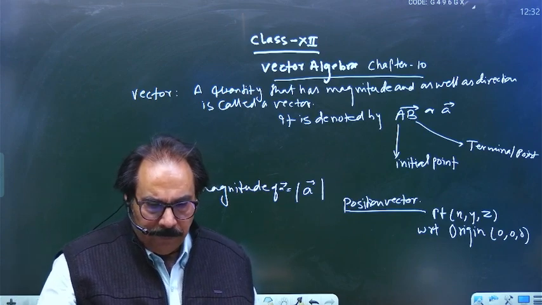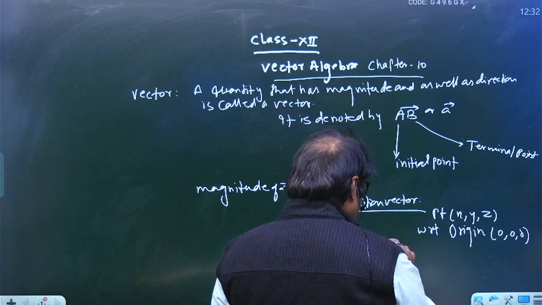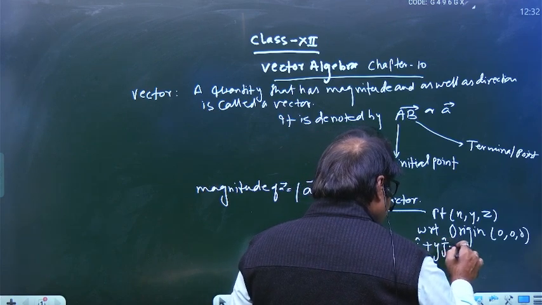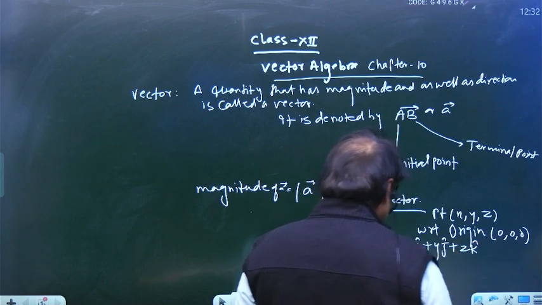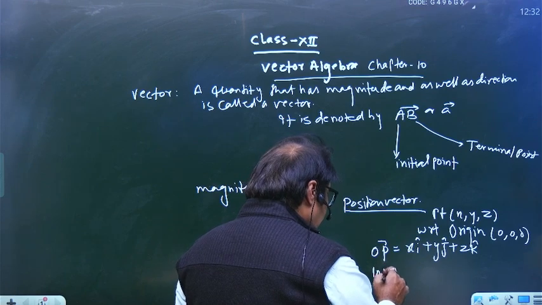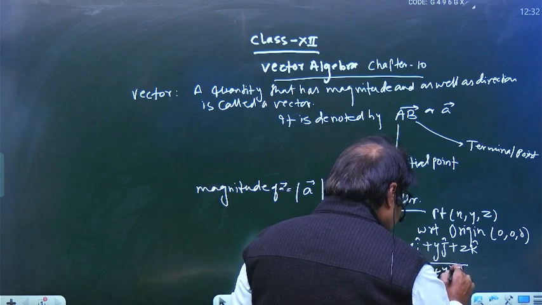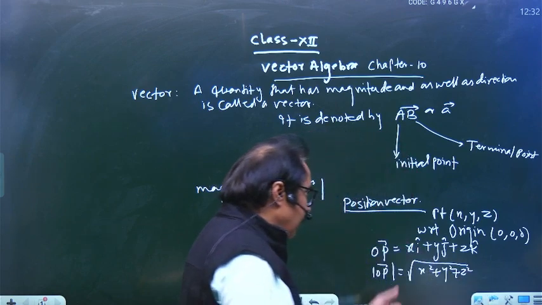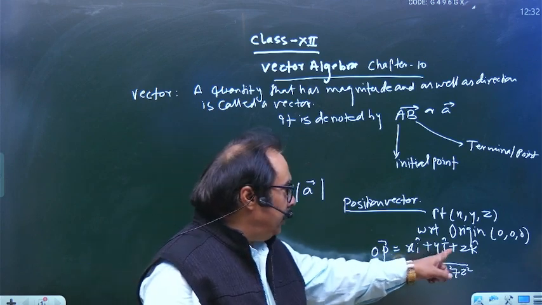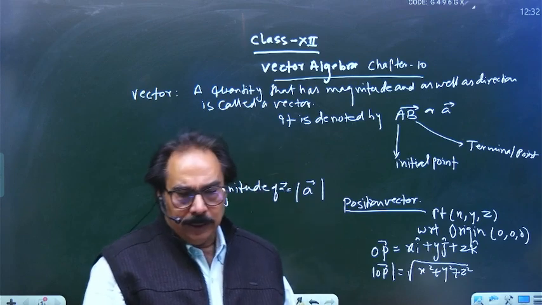So the position vector OP is equal to x i cap plus y j cap plus z k cap, and the magnitude of this position vector OP is equal to root over of x square plus y square plus z square, the scalar quantity of the vector components. These i, j, k are called vector components, and x, y, z are scalar components.